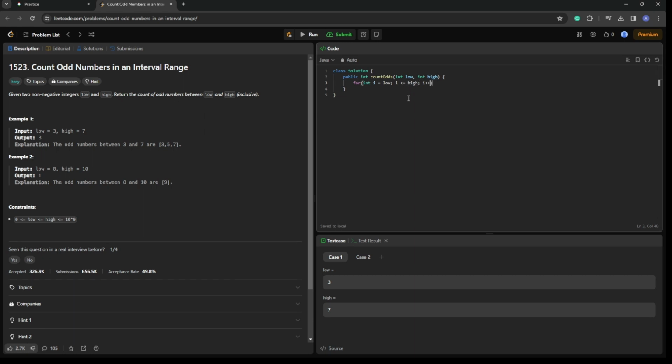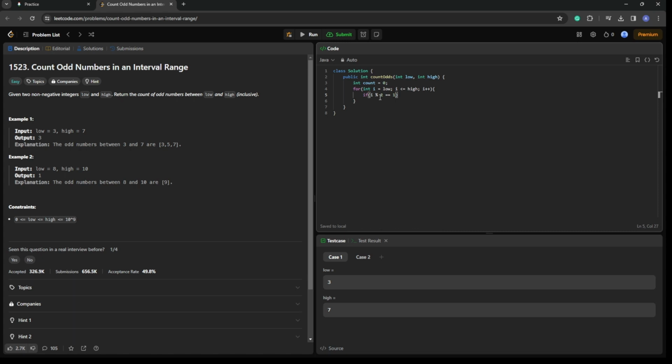Okay, and then what we're going to do here is just have int count equals 0, if i divisible by 2 is equal to 0. Oh wait, we want odd, right?